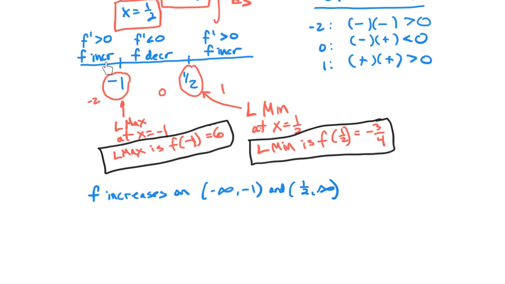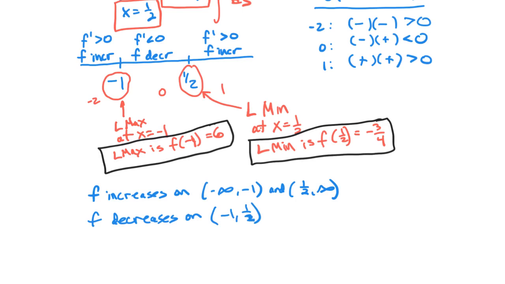So the function is increasing on these two intervals, from negative infinity to negative 1, and from 1/2 to infinity. And it decreases on this interval right here between negative 1 and 1/2. So that's a typical problem that you'll see in this section.